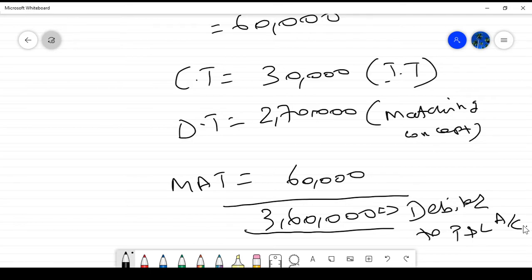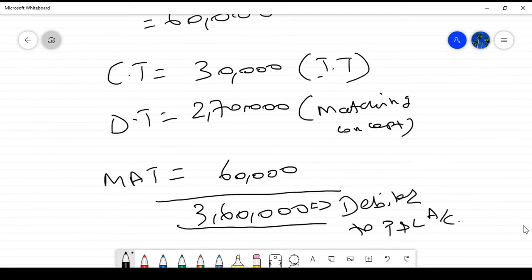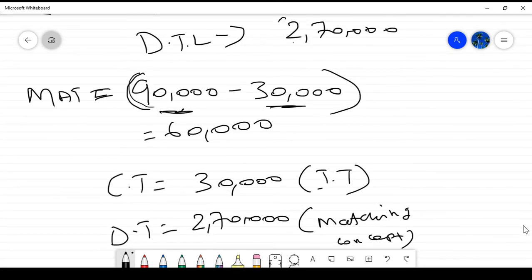Deferred tax should be compared with the taxable income, not book profit. Okay, MAT is payable only if there is an excess tax over the current tax. For example, assume in this question MAT is not 90,000, it is only 20,000.